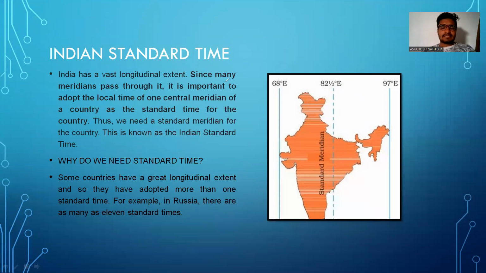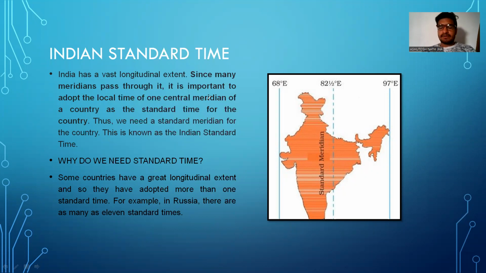So we can say that Indian Standard Time is the time zone observed throughout India. Okay, students, and we can also say that it has a time offset of UTC plus 5:30.